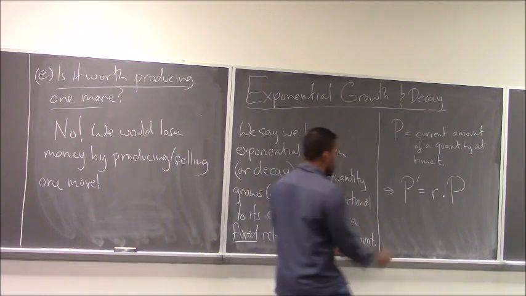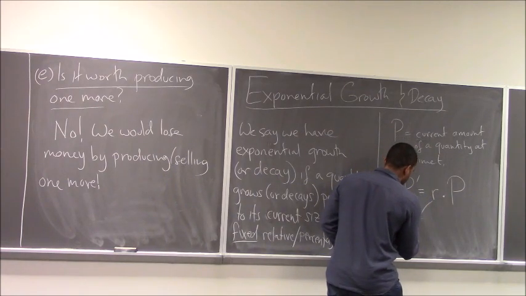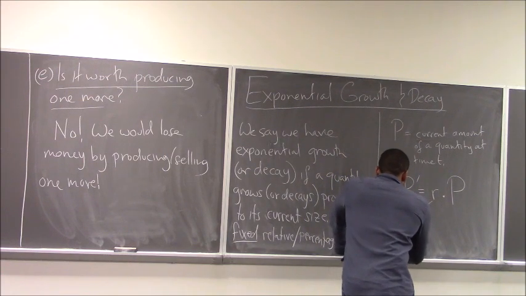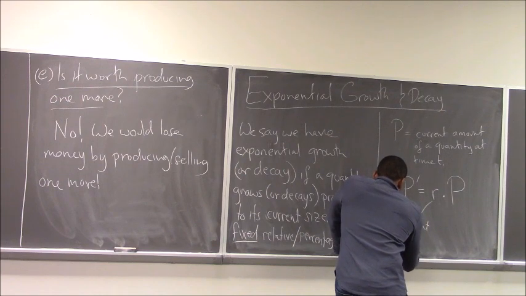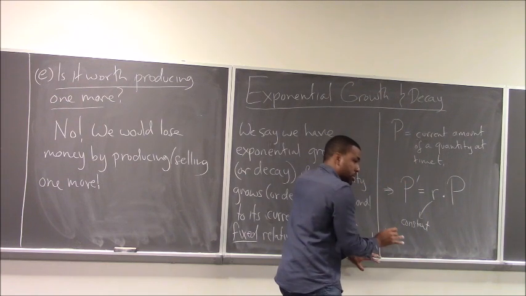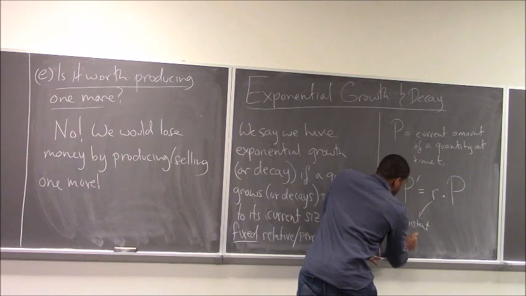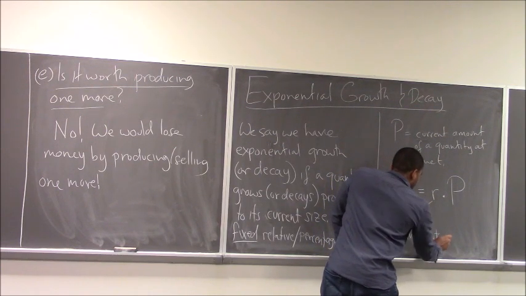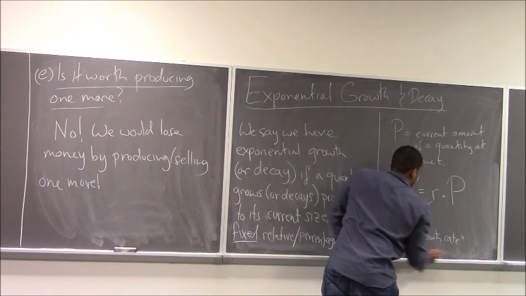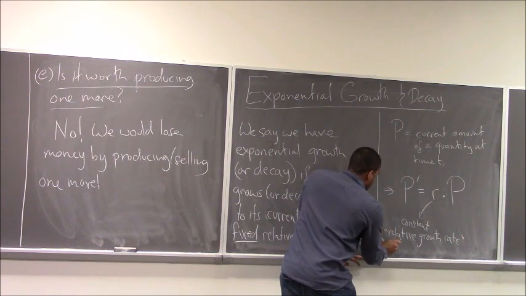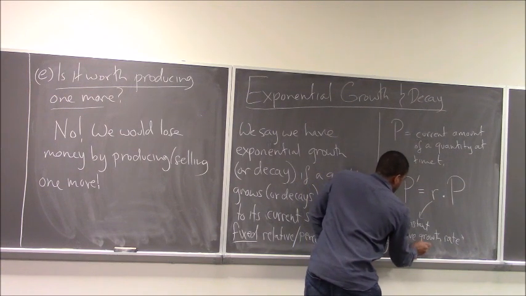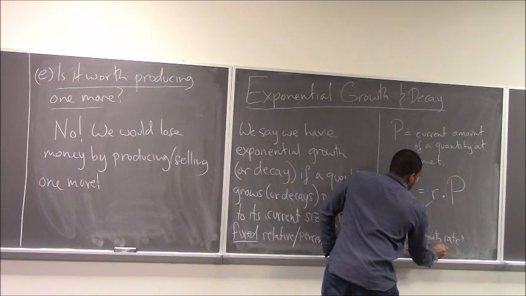So here, this guy is a constant. And this is important because the names can be confusing. This is called the relative growth rate, or it's sometimes called the growth constant.